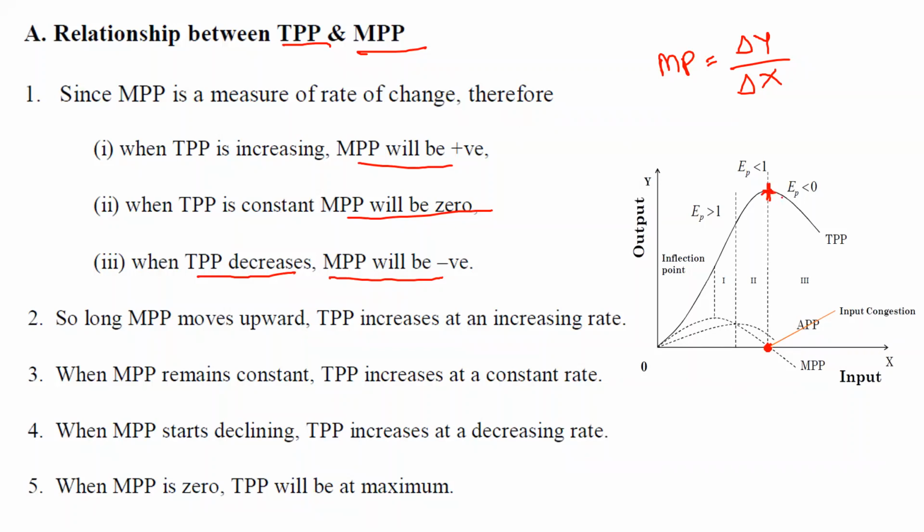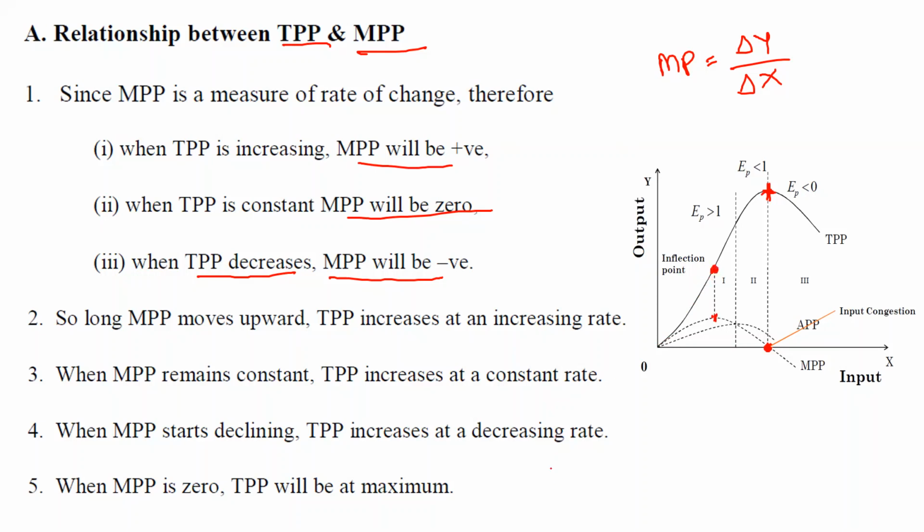Now this total physical product is decreasing and marginal product is negative. So as long as marginal product moves upward, the total product increases at increasing rate. Now here marginal product is increasing upward till this point. So till here total product is increasing at increasing rate, and this is the point of inflection.